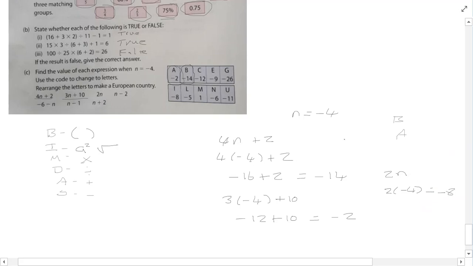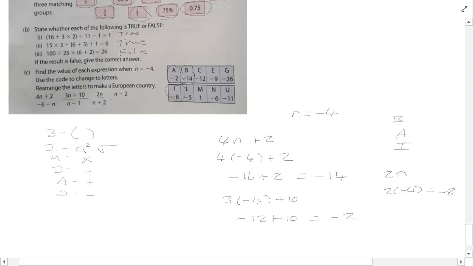And if we have a look, have we got -8? We have -8 over here. So we're going to bring down this letter. It's I. So we'll just put the letter here. Okay, so that's that one.